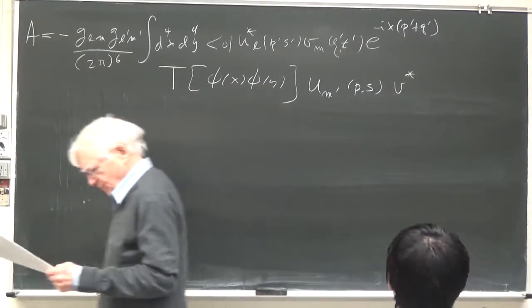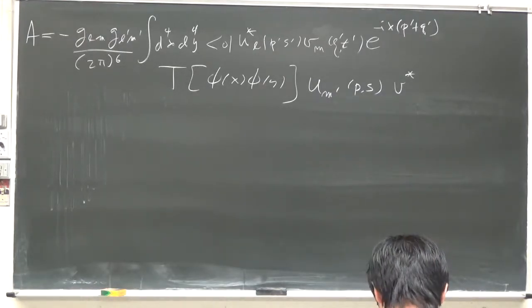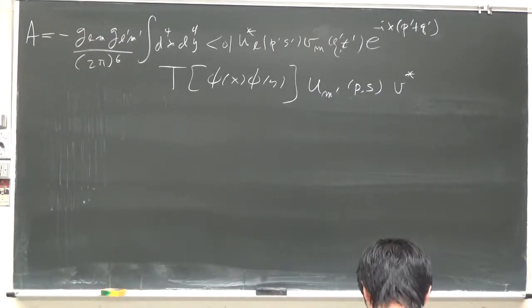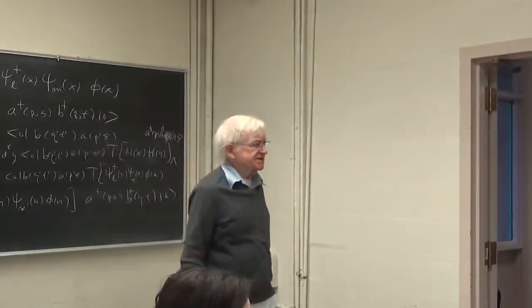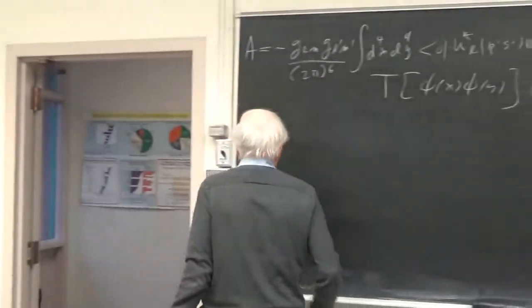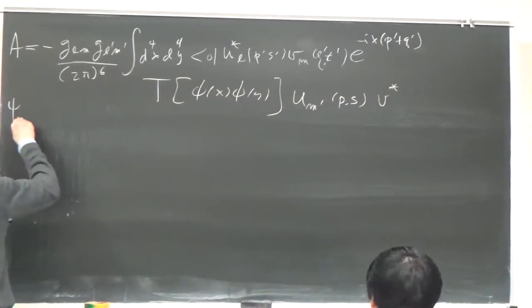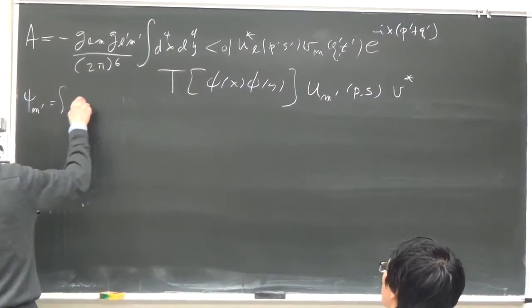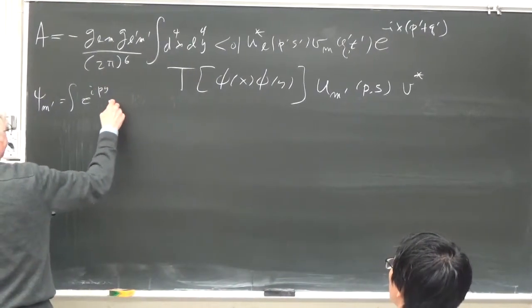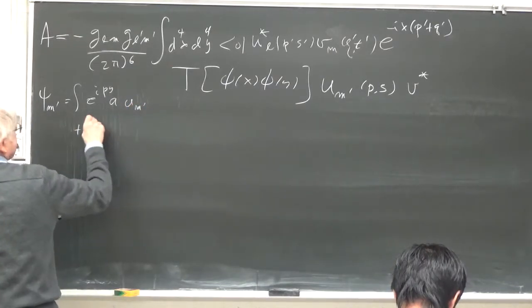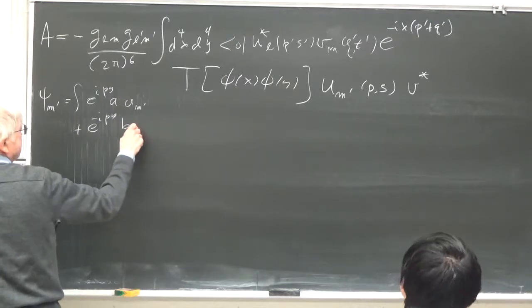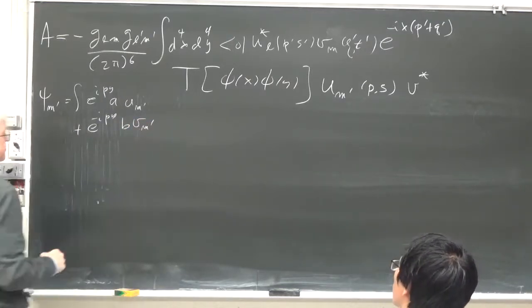Why did I write things backwards? All right, let me get straight these indices. I may have screwed up the indices. We have L M, L prime, M prime. So the indices are L prime and M prime, but it's psi M prime, and psi, of course, will be e to the i p y a u M prime plus e to the minus i p y b v M prime.